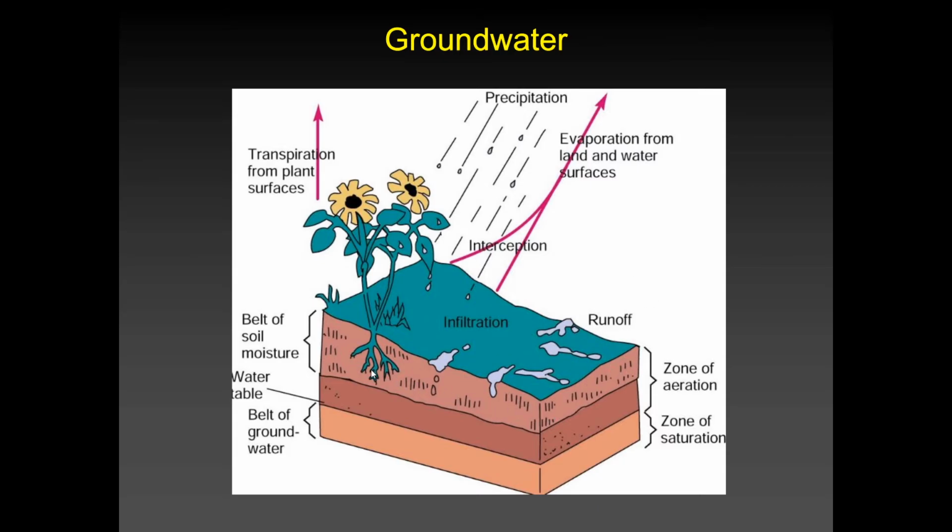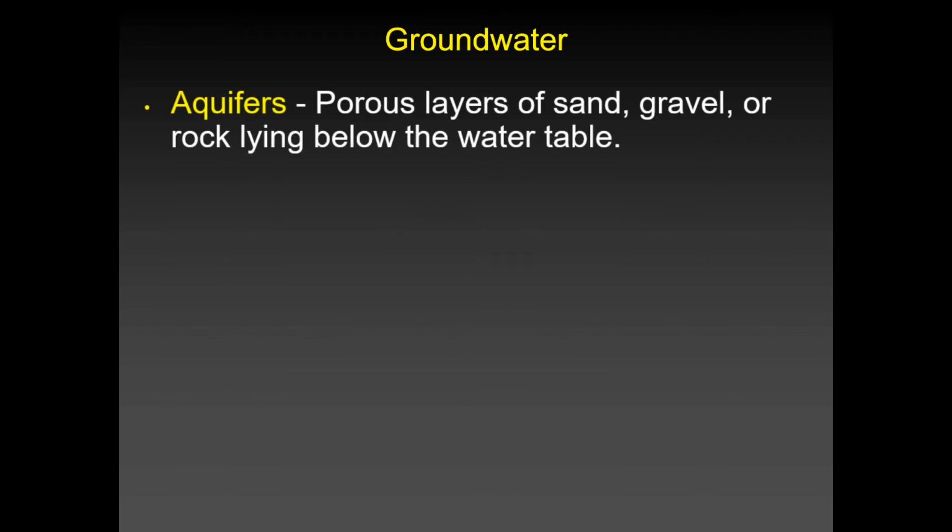Here's your zone of aeration where you have both water and air. Then you start to get down a little bit deeper. The soil starts to compress a bit more, and then you end up with your water table, and this is where your groundwater is. So in this, there is no air. It's just all soil and water, and that is the water table. So you can look it up for your area.